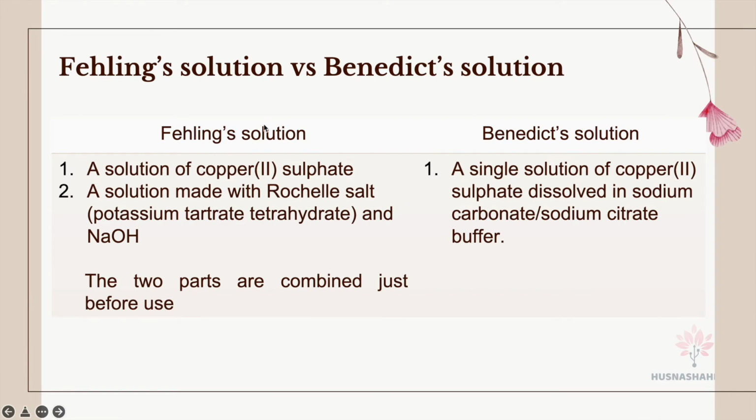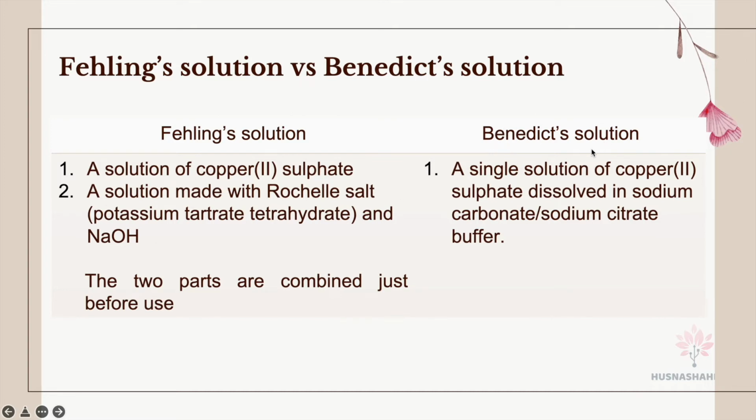In Fehling's solution, to make the copper(II) complex, we use a solution of copper(II) sulfate and combine it with potassium tartrate tetrahydrate and sodium hydroxide. Note that it is in basic solution, that's why we add sodium hydroxide. Mix them together in NaOH and it becomes Fehling's solution.